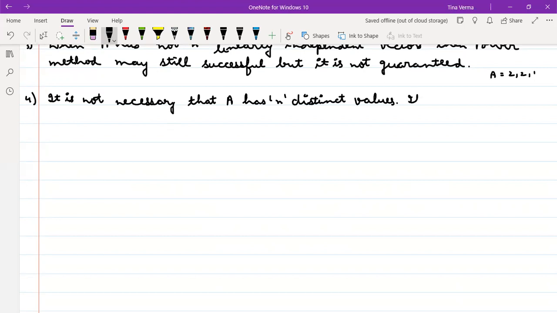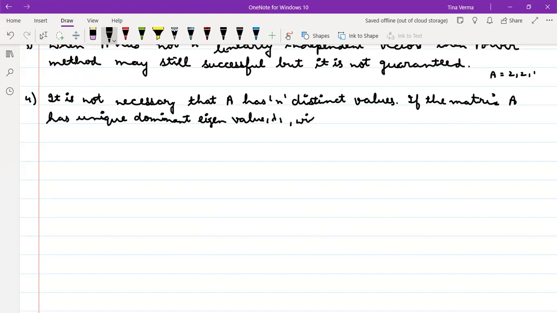So if the matrix A has a unique dominant eigenvalue lambda 1 with multiplicity r which is greater than 1, like this, if you have a 3 cross 3 matrix, the multiplicity of 2 here is 2.